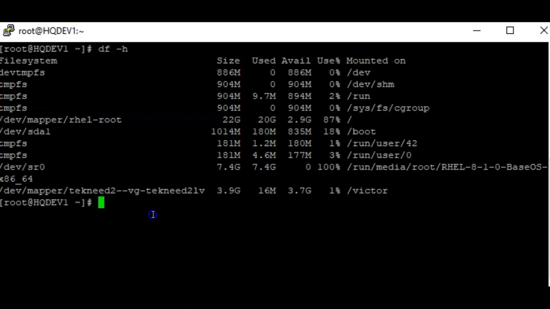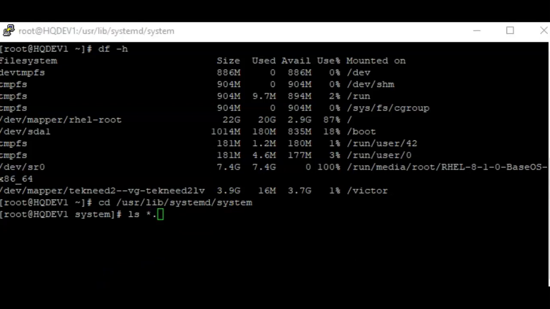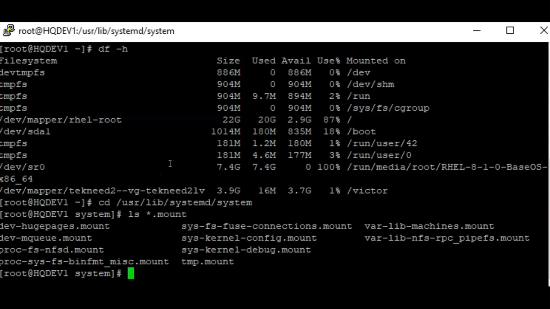So let's look at the systemd mount unit files, which are in /usr/lib/systemd/system.